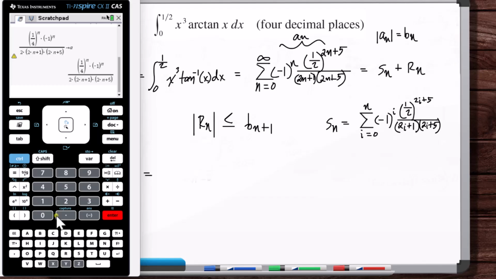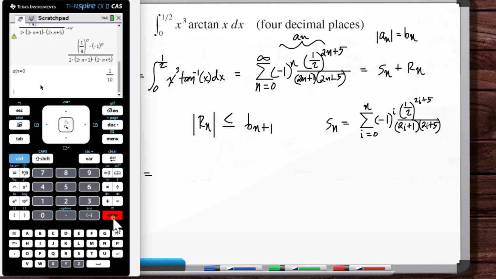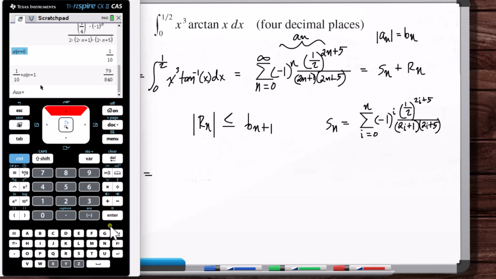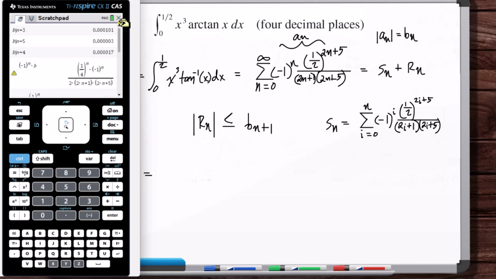So we want to do a with n equal to 0, plus a with n equal to 1, plus a with n equal to 2, and we're going all the way to 3, plus a with n equal to 3.